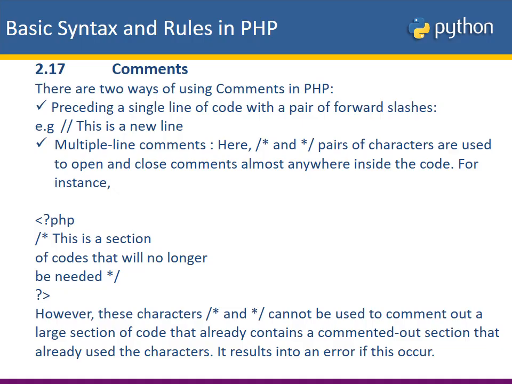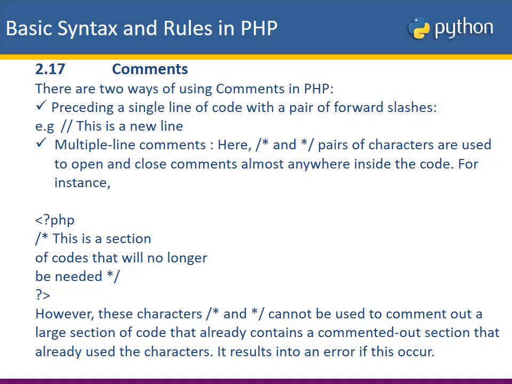For a single line comment, you precede a single line of code with a pair of forward slashes. We can see the example: this is a new line with the double slash. So it's a single line comment, with the double slash.